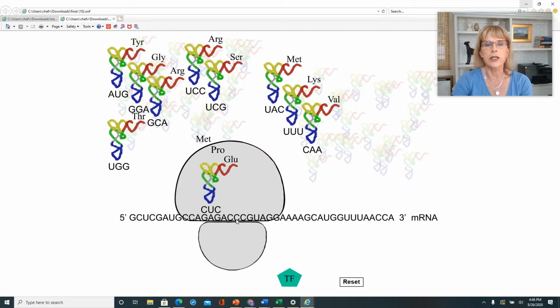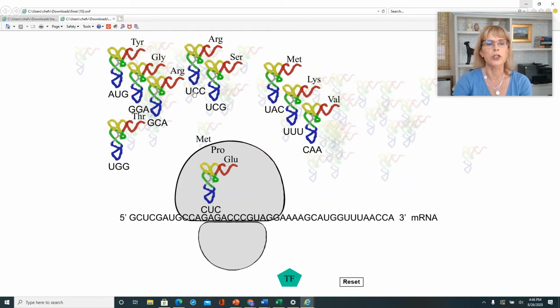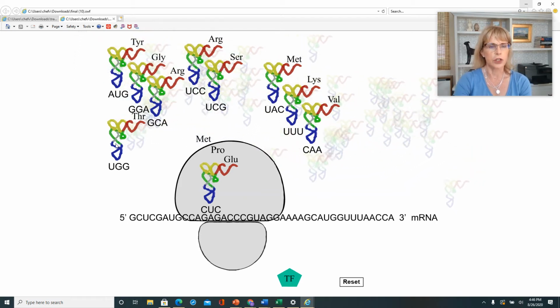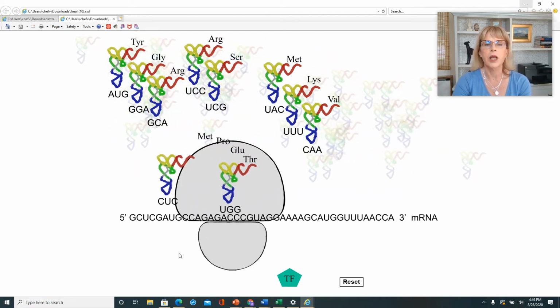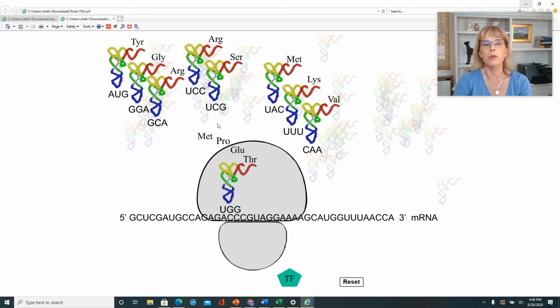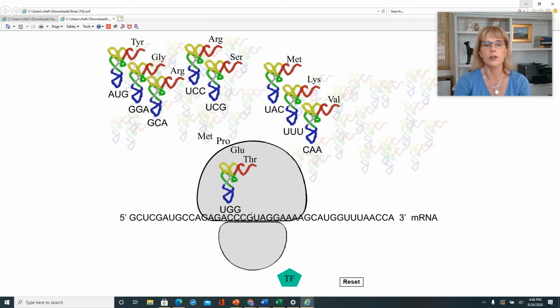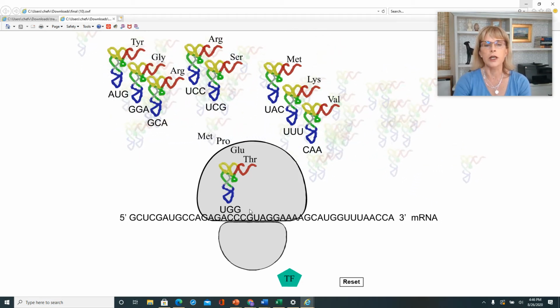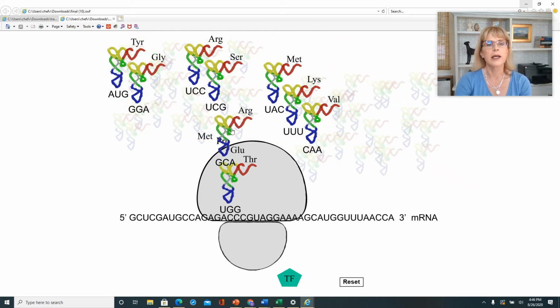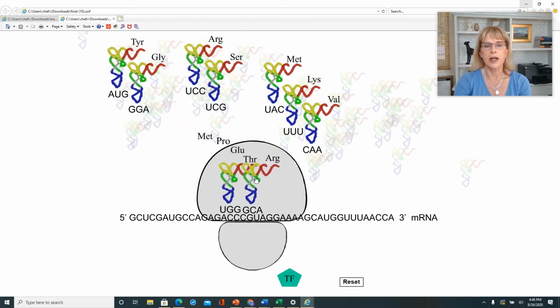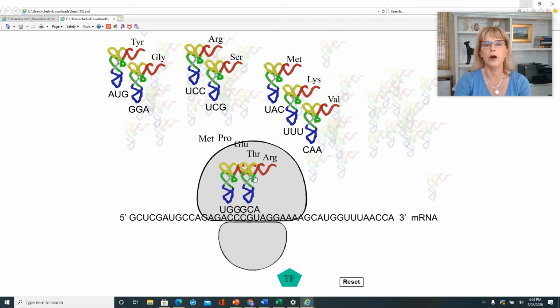So ACC is our codon. We're looking for UGG. UGG was our first one, right? We'll grab UGG. Great. Now we've got a little peptide, 1, 2, 3, 4 amino acids long. We're ready for GCA. GCA is the anticodon for the transfer RNA.